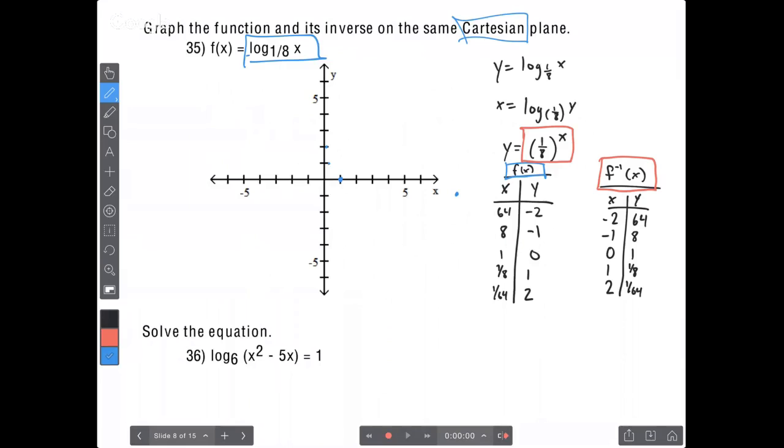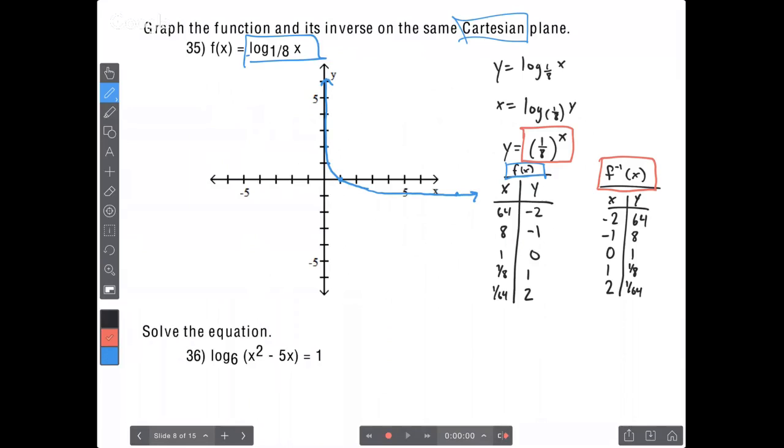So that function has a vertical asymptote at 0 and travels down like that. Cool.